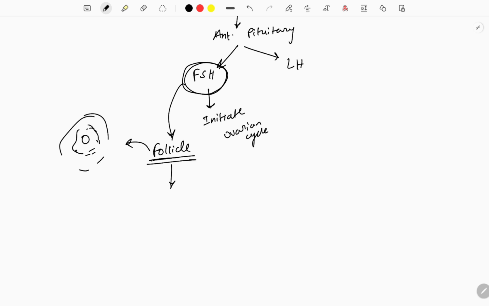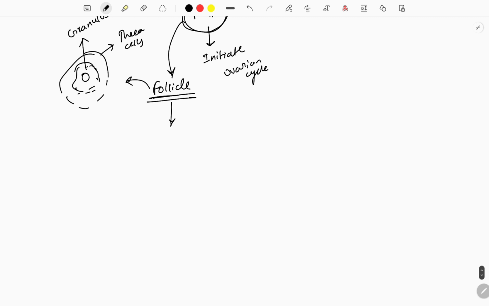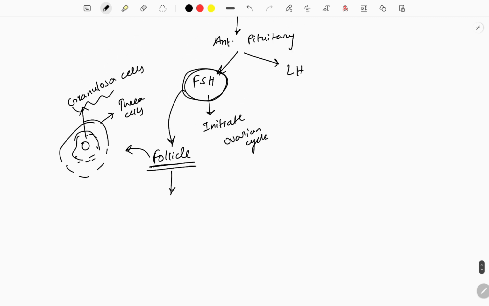Assume this is the follicle. This is theca cell. Inside is granulosa cell. This FSH acts on this granulosa cell.